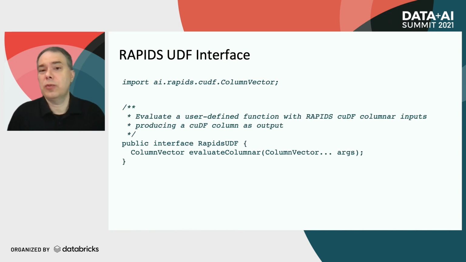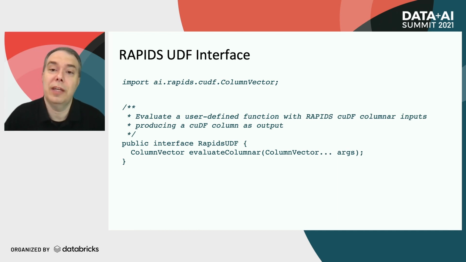And the way this is done is relatively straightforward. There's a RAPIDS UDF interface that you can implement with your UDF class. It is a single method called evaluateColumnar, and it takes some number of column vector arguments, the same number of arguments as the CPU version.